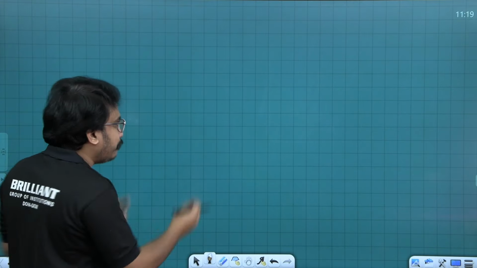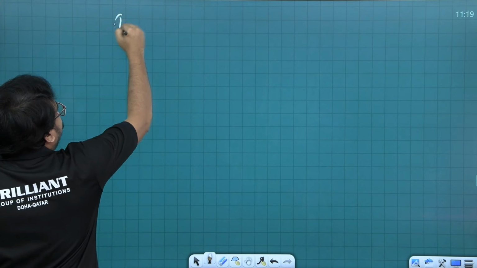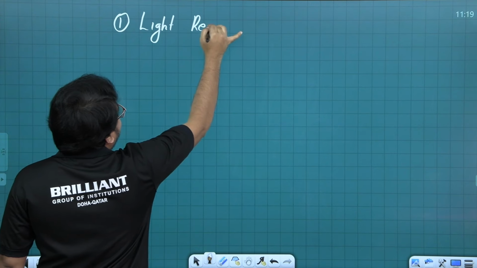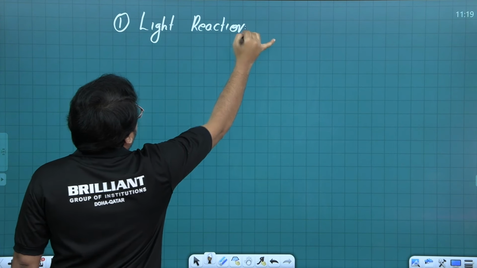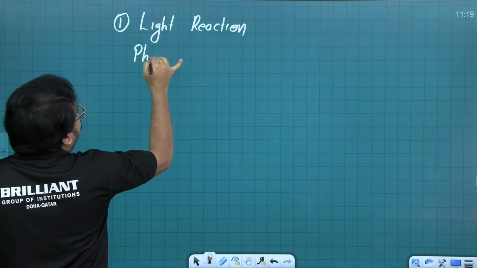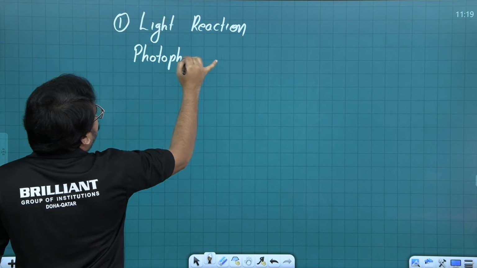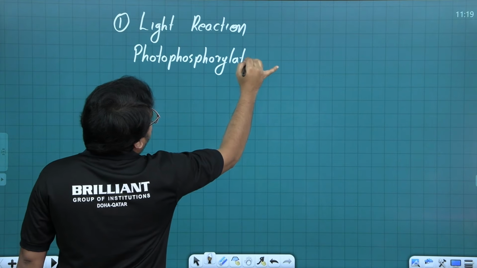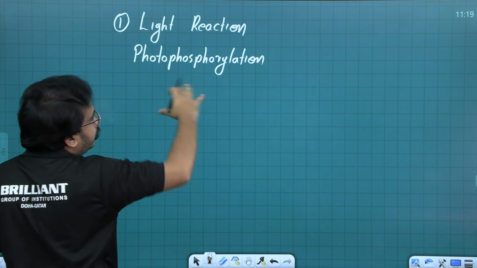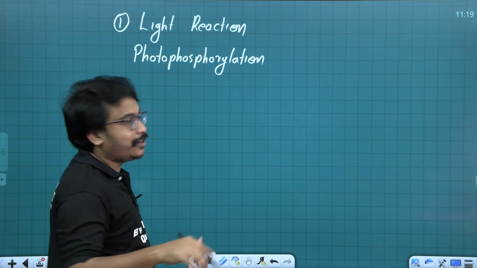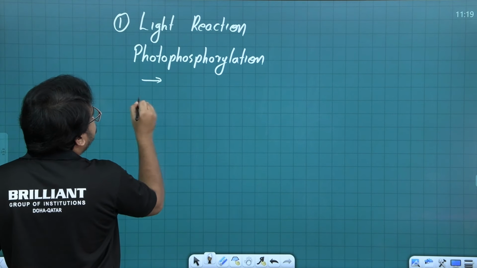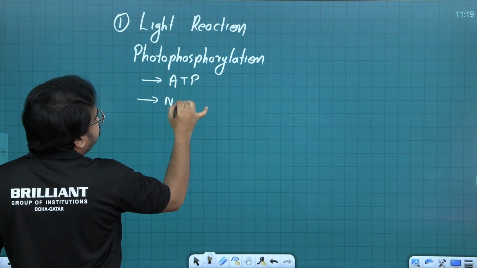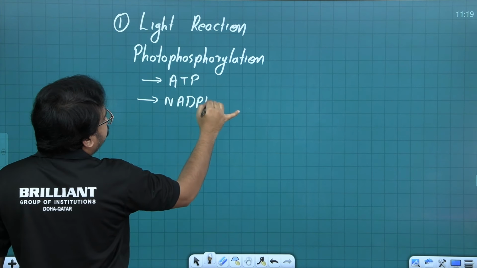Now just check a brief. So in photosynthesis, first we are going to discuss light reaction. It's also called photophosphorylation. Why is it called photophosphorylation? Because here energy is produced using sunlight. So what all things are produced? One is ATP. Second is NADPH.